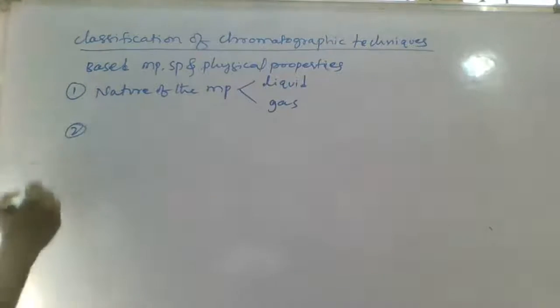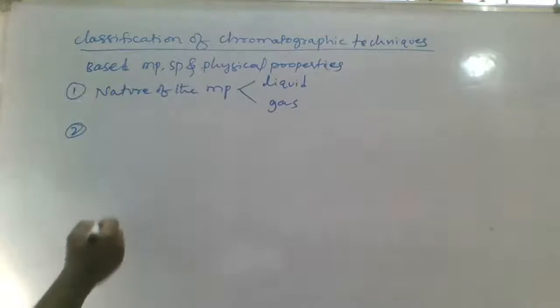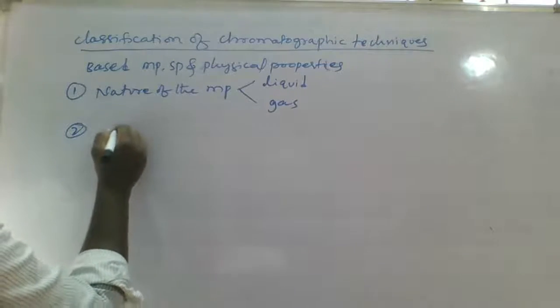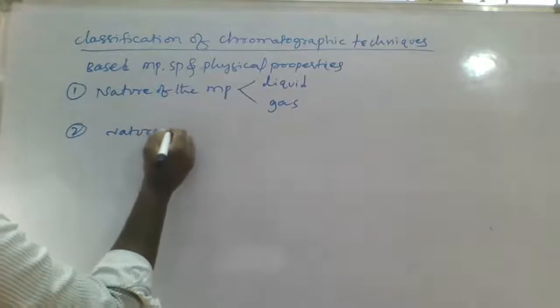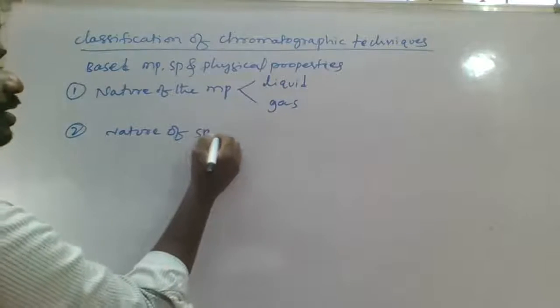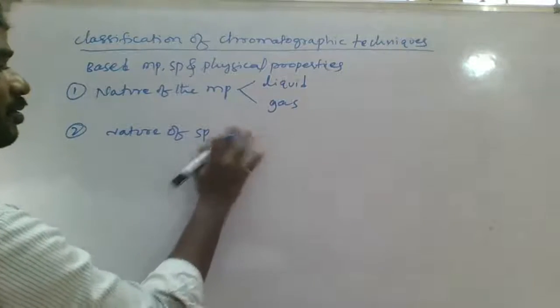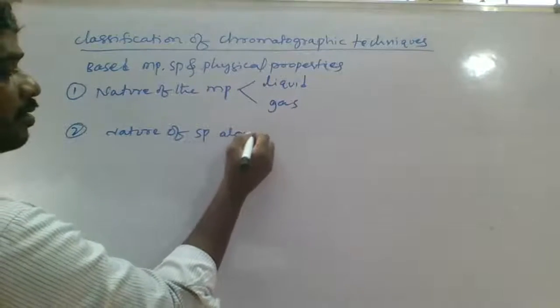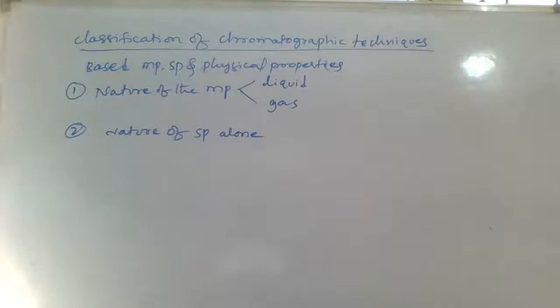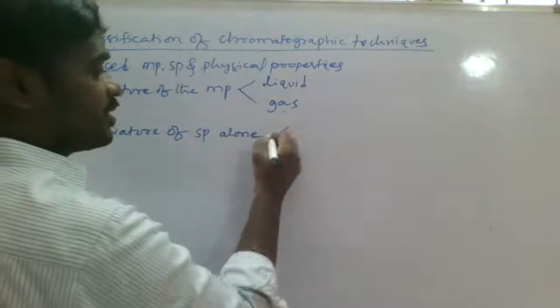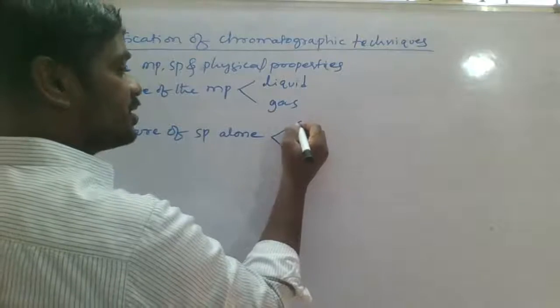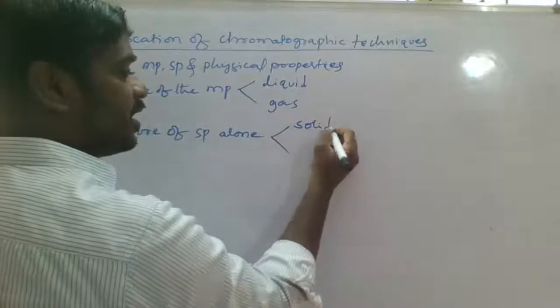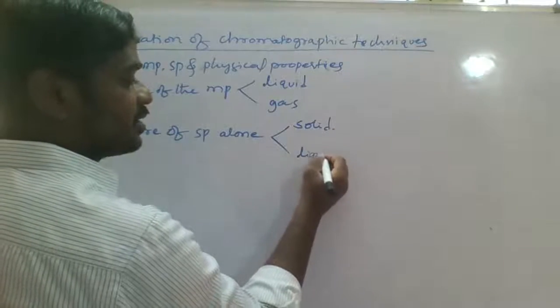Second one is the nature of the stationary phase alone. Mainly two types of stationary phase are there. One is solid as the stationary phase, and another one is liquid as the stationary phase.